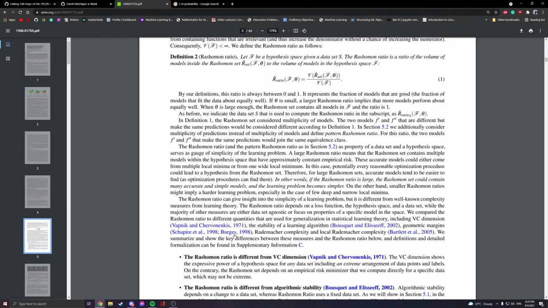Complexity measures. The heck are complexity measures?